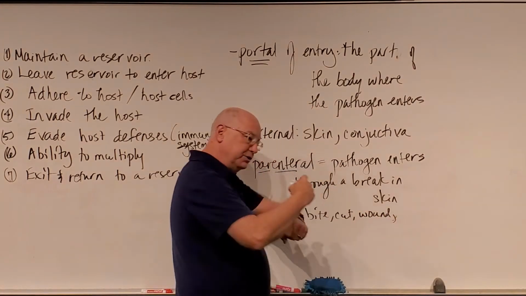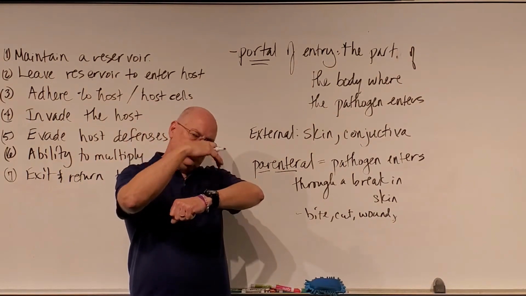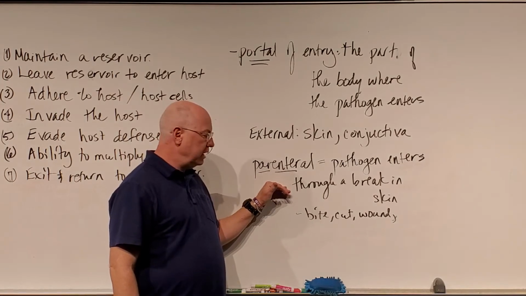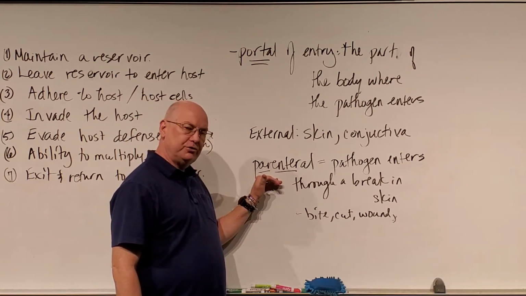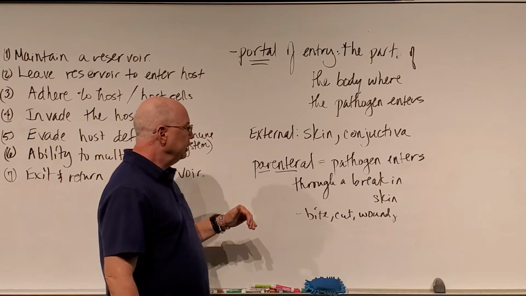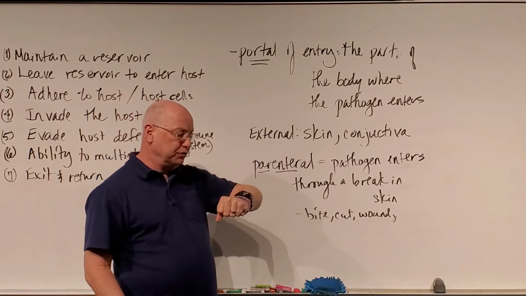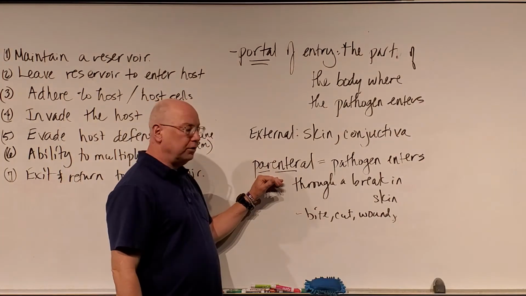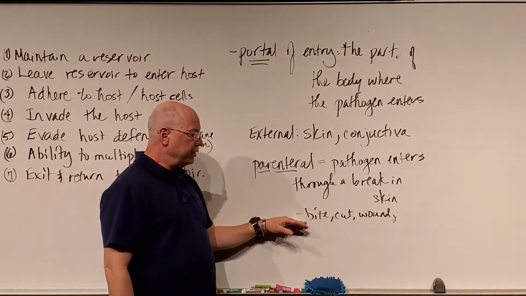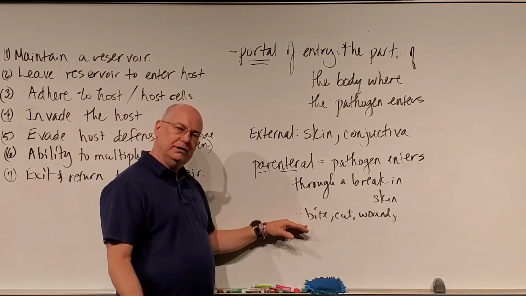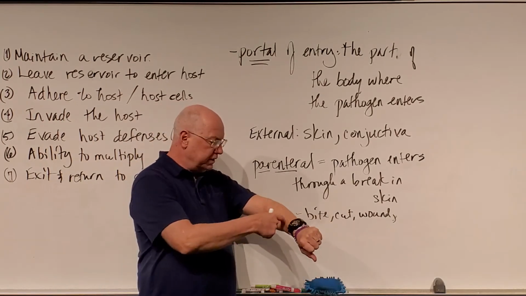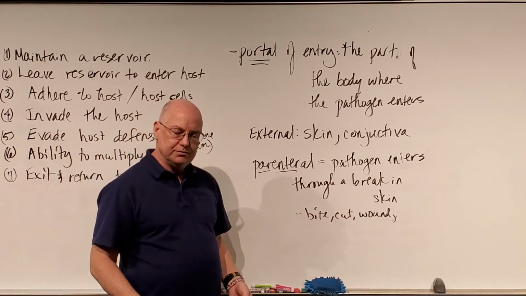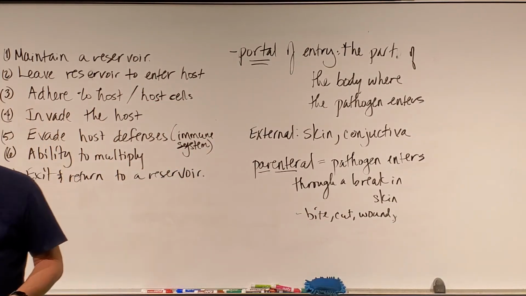If a tick bites you and injects, or a mosquito bites you and injects the pathogen through the skin into underlying tissues, then that would be called parenteral transmission. And so they can enter the skin sometimes through natural openings like the sebaceous glands and sweat glands, or we can have parenteral transmission where we have a bite from a rabid dog or an insect or an arthropod. You have a cut on your skin that some bacteria get in, or some kind of wound on the body that becomes infected. That would be called parenteral transmission.